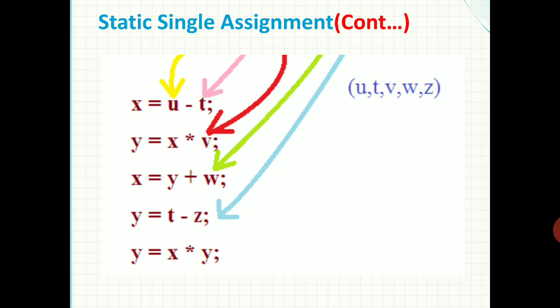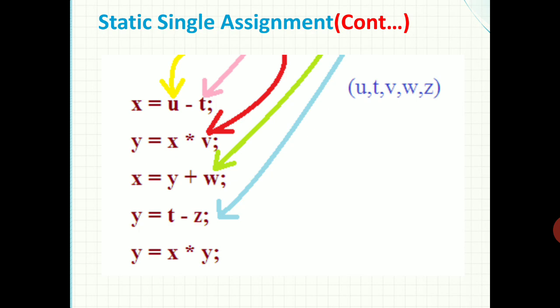Also t has an assignment before this set of statements, and v, w, z also have assignments before this set of statements. So these variables already have some meaning before these statements. So we cannot use u, t, v, w, z.